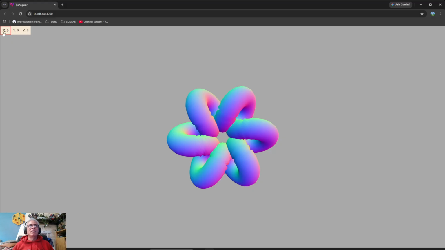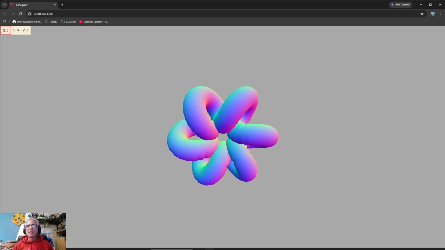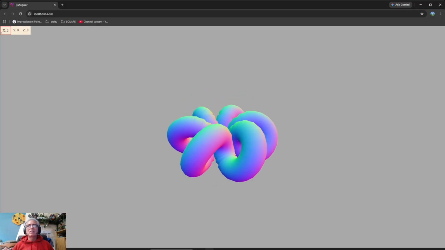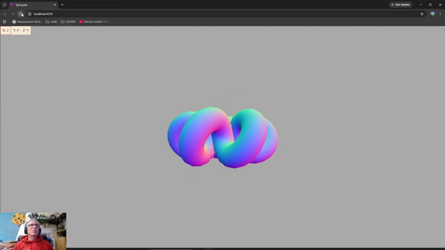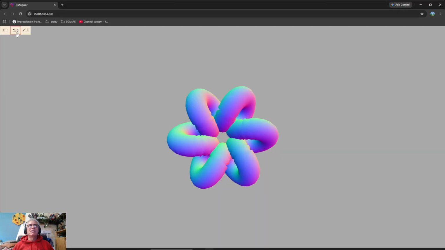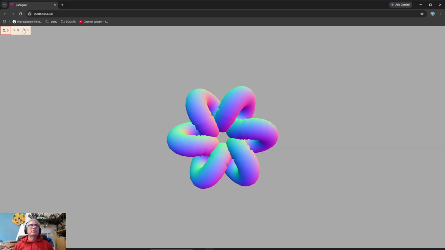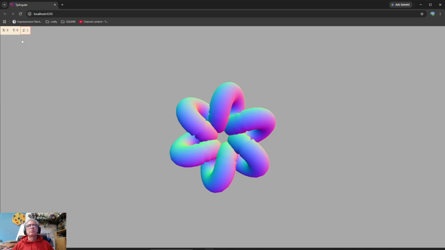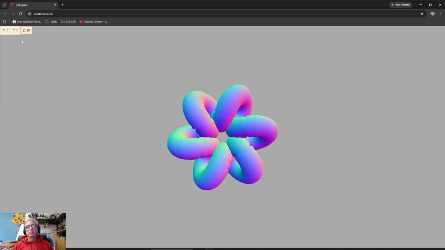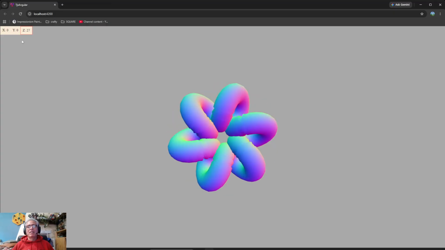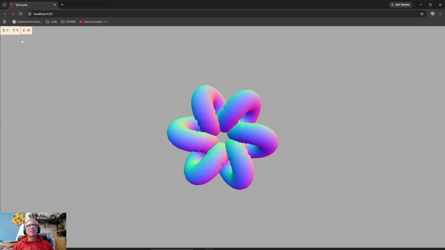I guess I want to see it rotate around the X. Oh man, that doesn't even seem earthly. Okay, that is wild. This feels like what they call sacred geometries, that kind of thing.